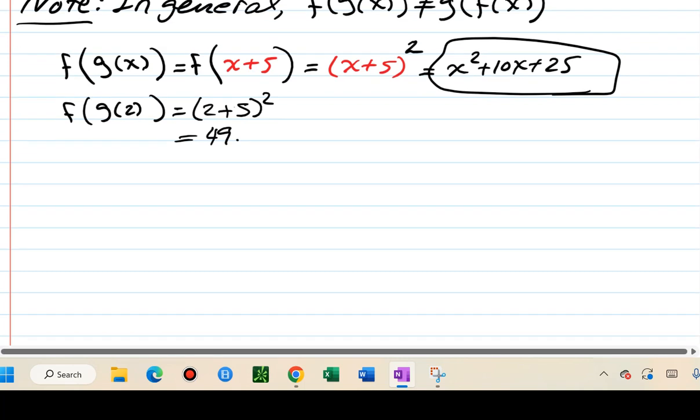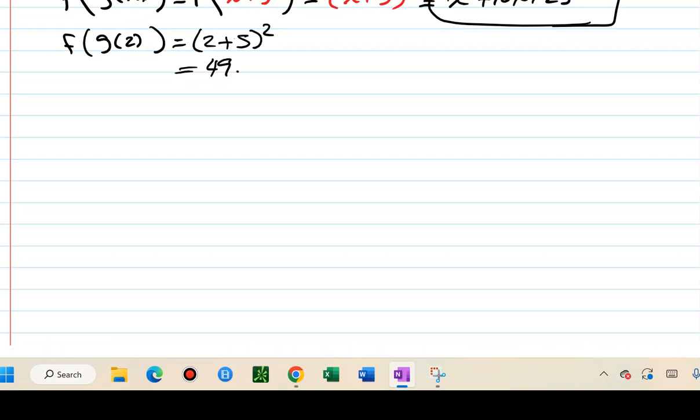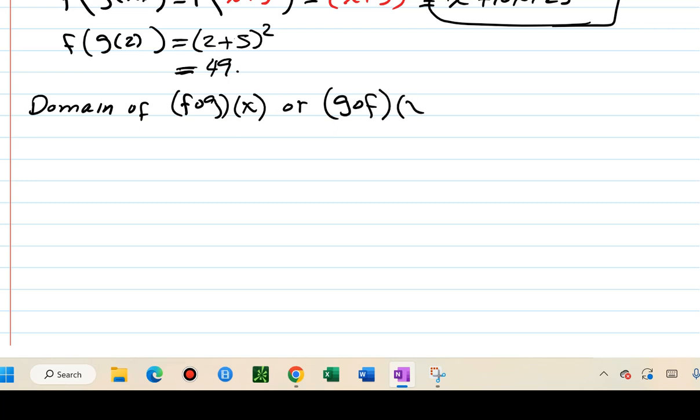Now, because a composition of functions gives you a function, how are we going to work these compositions as far as the domain goes? What is the domain of the composition function? Let's say the domain of f of G of x or G of f of x, whichever we are working with. We usually work with one or the other, not both at the same time.